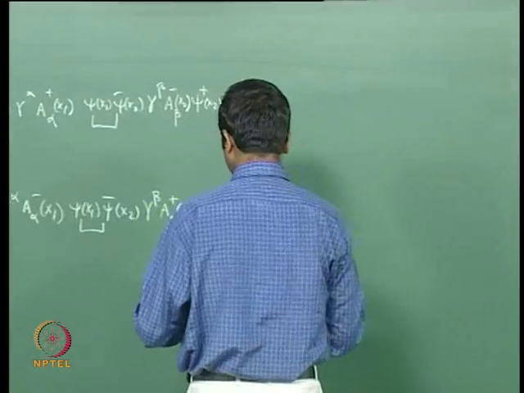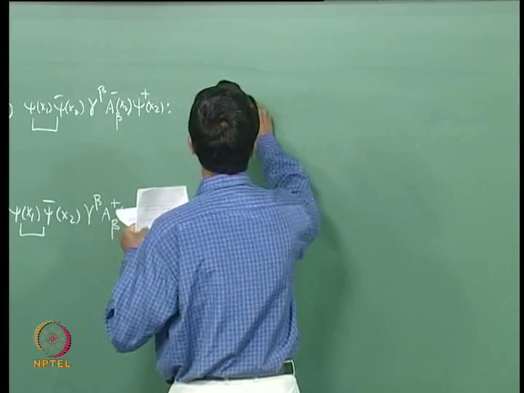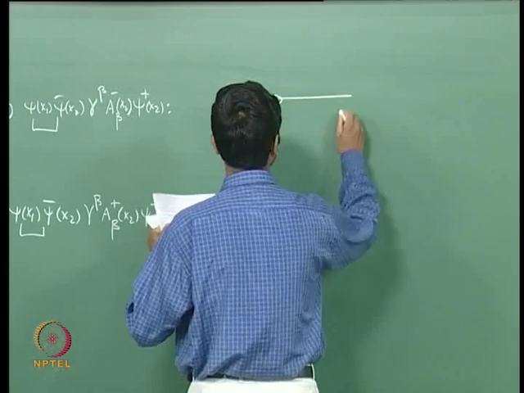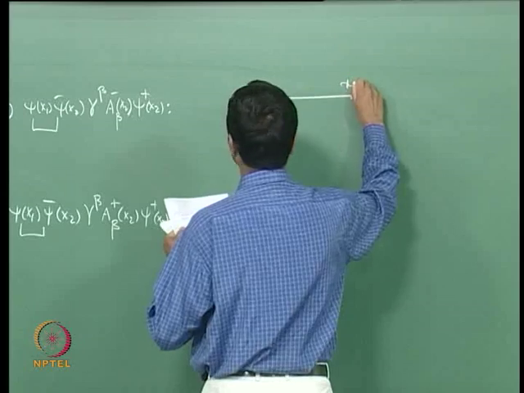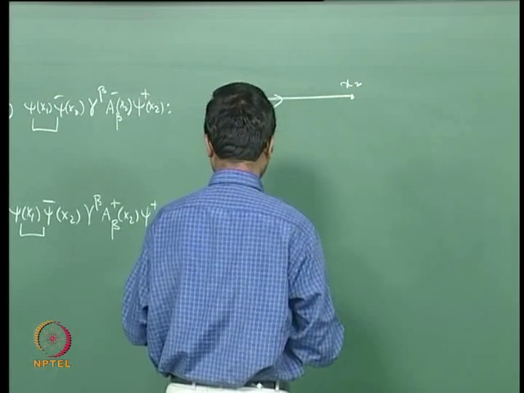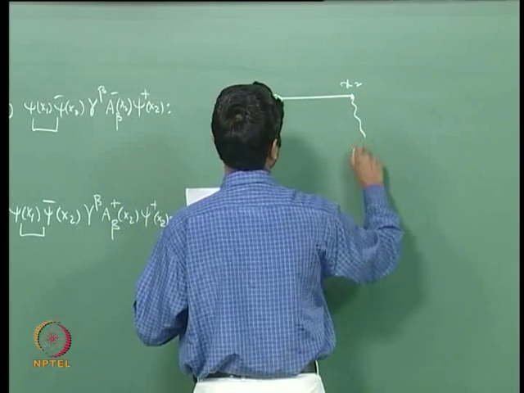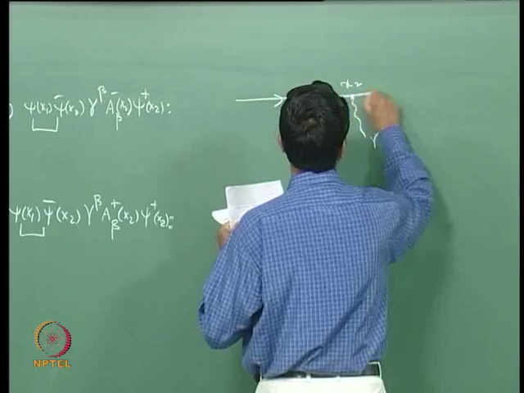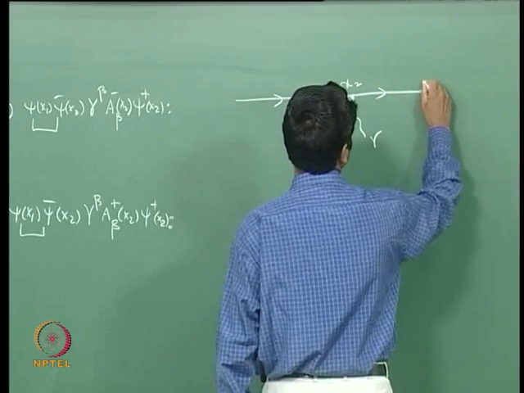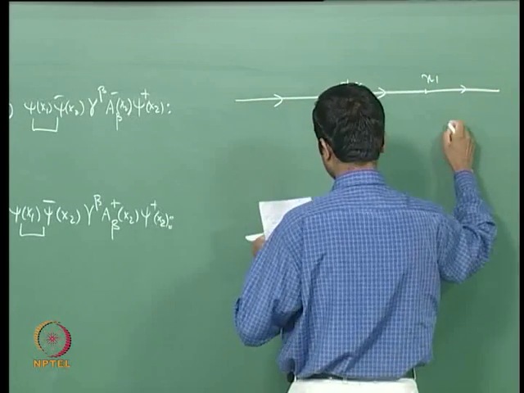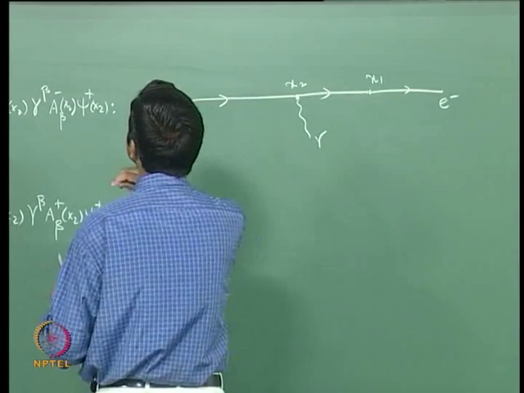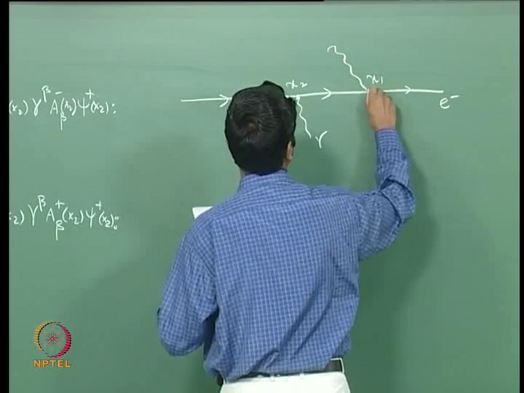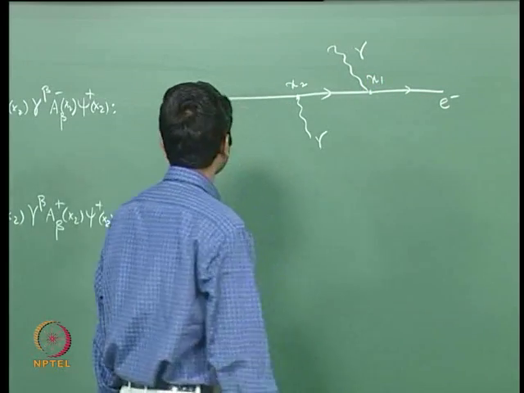This term S_A here, I can write it as some incoming electron which is annihilated at x2, and then there is a photon gamma, then there is a fermion propagating from x2 to x1, and then you have an outgoing electron e minus with a photon which is getting absorbed at x1.